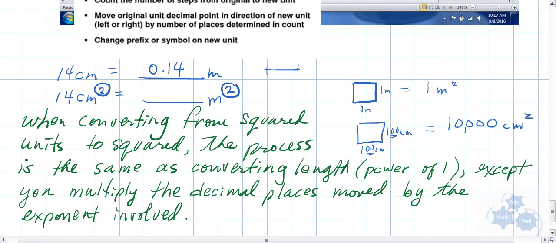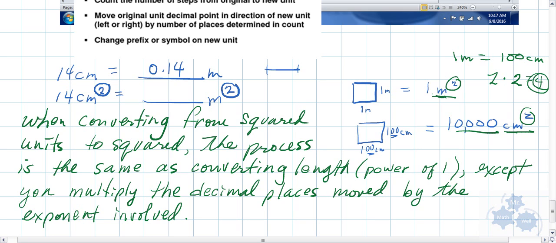So if we go back to meters to centimeters, if you've got 1 meter, that would normally be 100 centimeters, right? That's 2 decimal places, according to the staircase. But when we've got meters squared to centimeters squared, you see that? We're actually going 4 decimal places, which is 2 times the exponent, 2. That's 4 places, see that?